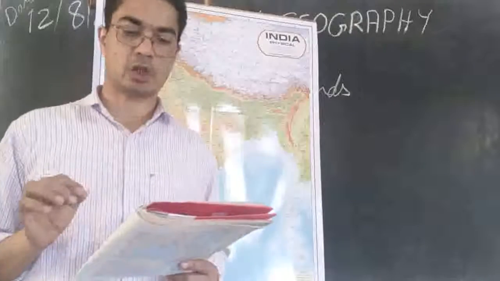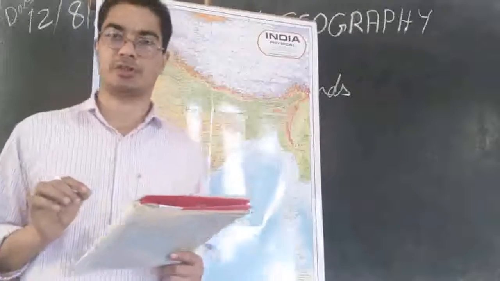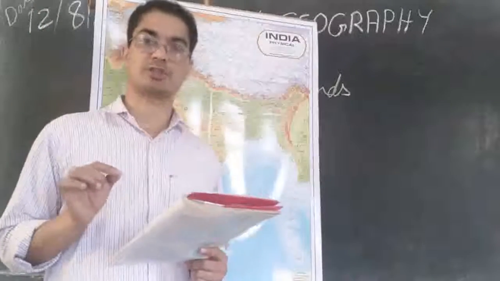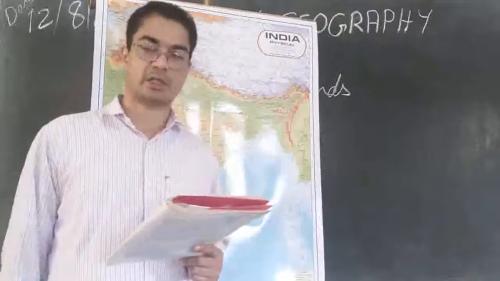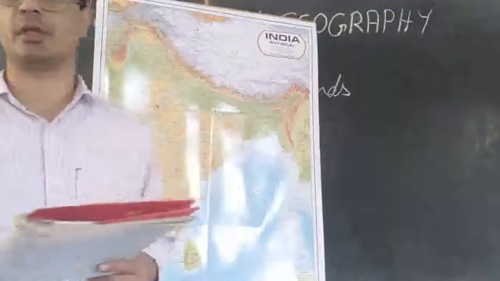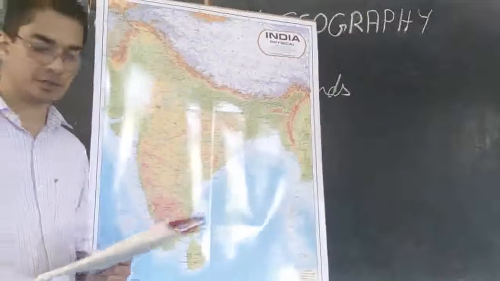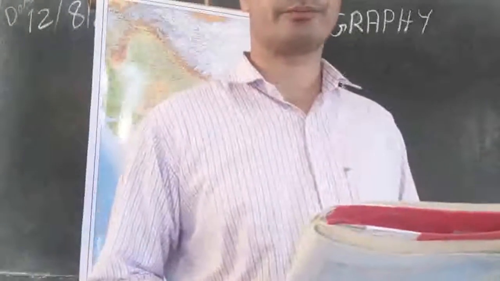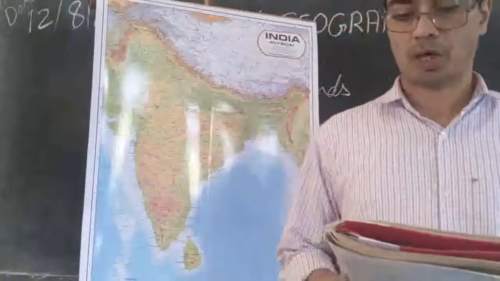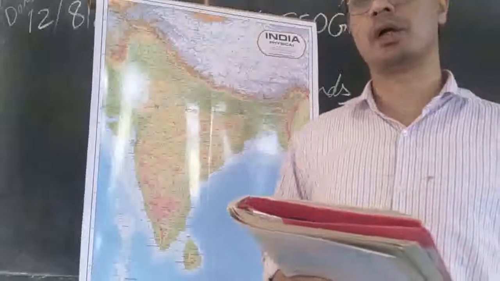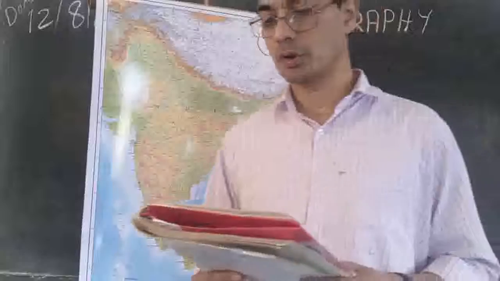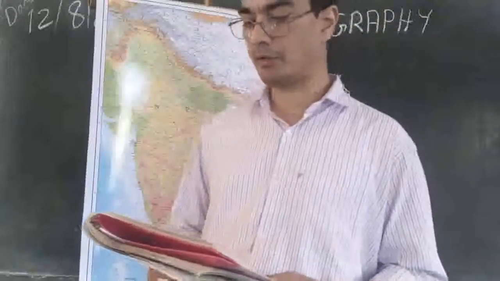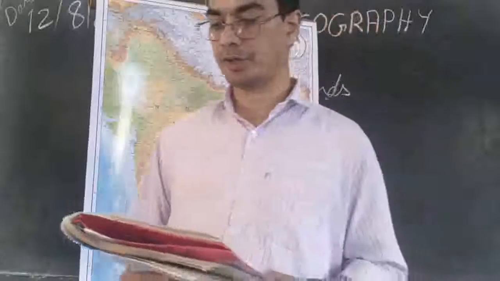Now let's see a little note about the western cyclonic disturbance. We said these jet streams are causing a lot of cyclonic disturbances. Let us see what these disturbances are. The western cyclonic disturbances are weather phenomena of the winter months brought in by the westerly flow from the Mediterranean region.